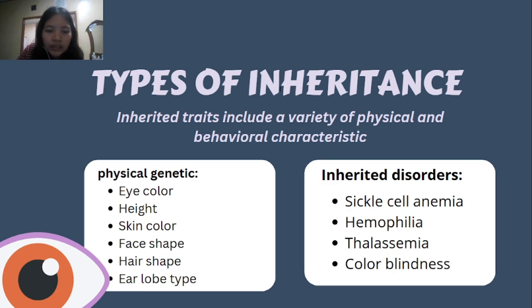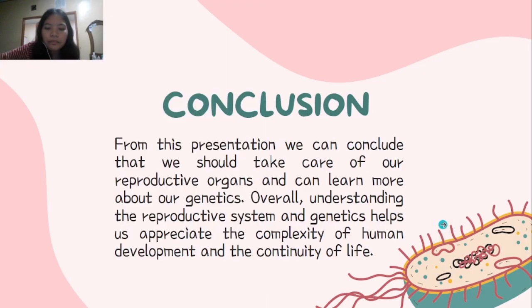And the third, thalassemia, is a genetic disorder that affects hemoglobin production, leading to anemia and other complications. And the fourth, the last, color blindness, is a condition where a person has difficulty perceiving certain colors, often inherited and affecting red and green color distinction.